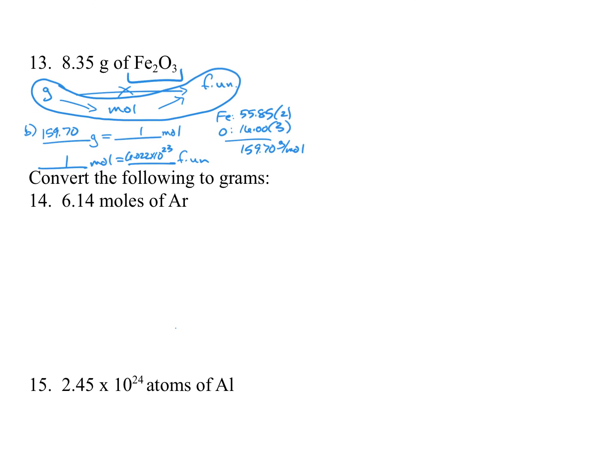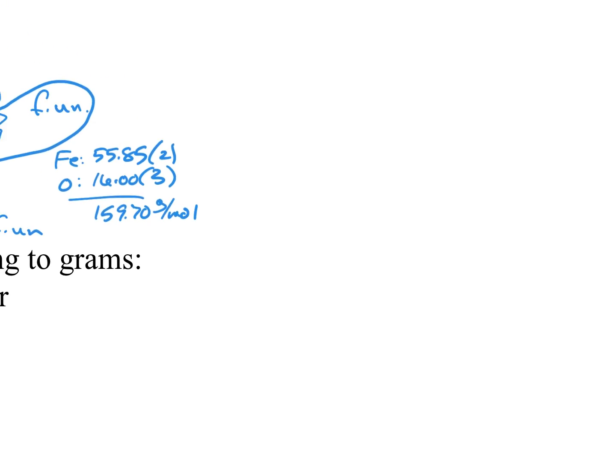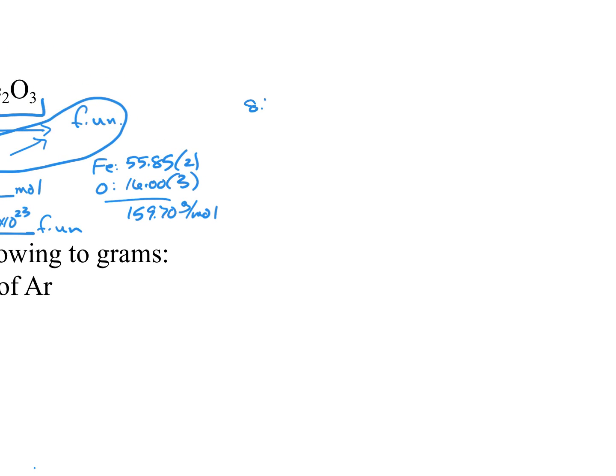All right, so the third step of any dimensional analysis problem is to set up the multiplication so that the units cancel. We are starting with the number 8.35 grams. So this is step C. 8.35 grams of iron 3 oxide, put it over 1.